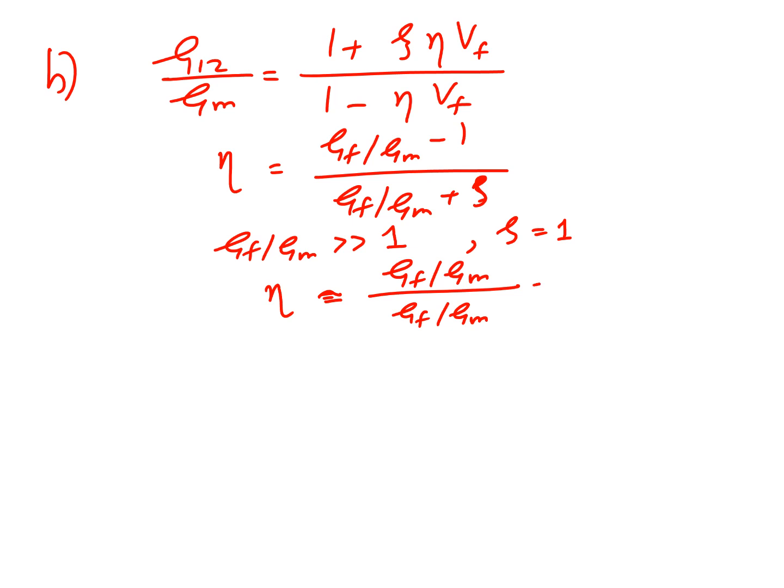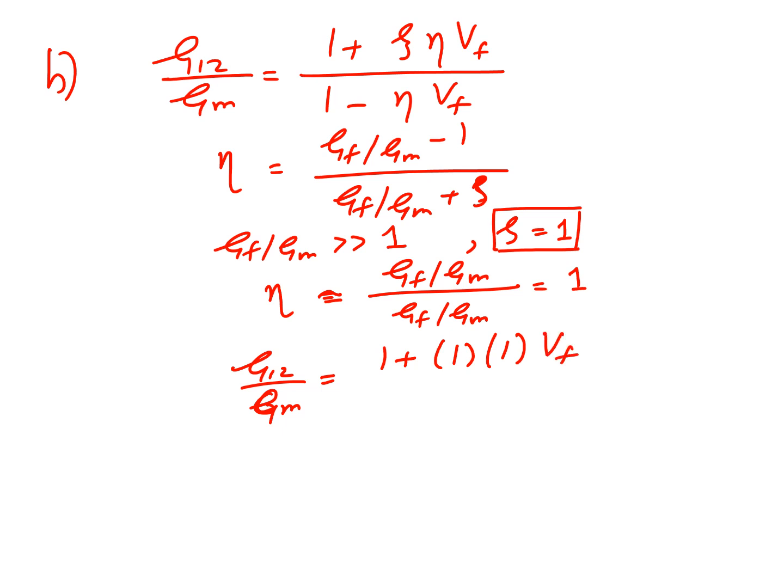So neta is approximately equal to 1. And xi is equal to 1 because we have that for our circular fibers in a square array. So that gives us G12 by Gm will be equal to 1 plus xi, where xi is 1, because of the Halpin Tsai equations. And then neta is 1 because GF by Gm is much greater than 1.